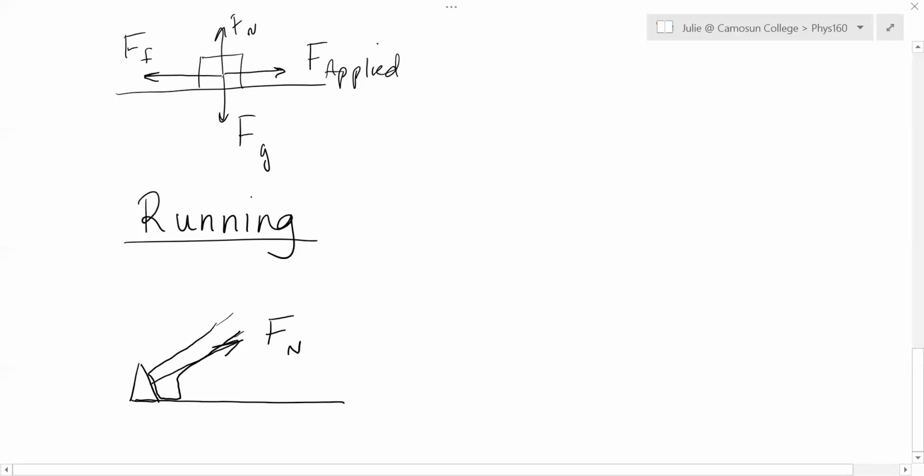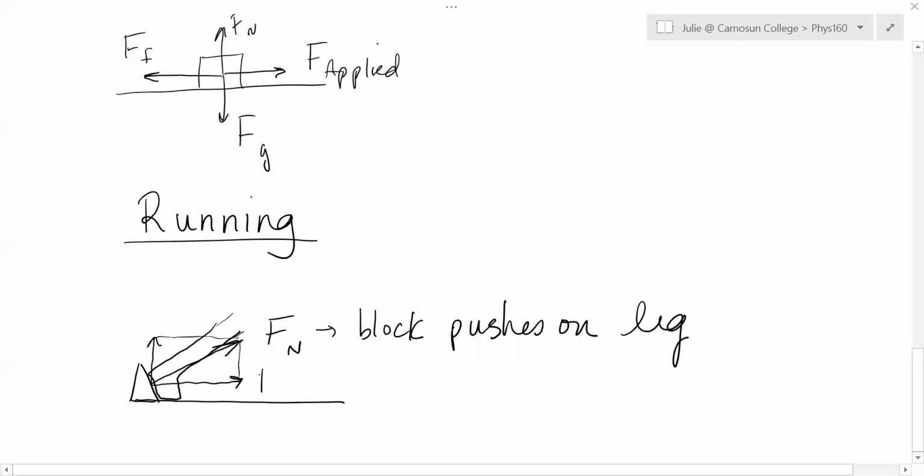Now, there are two components to that. Remember how we broke forces into components? This is a case where the normal force, this is the block pushes on leg. This would be the horizontal component, the X component, and this would be the vertical component.